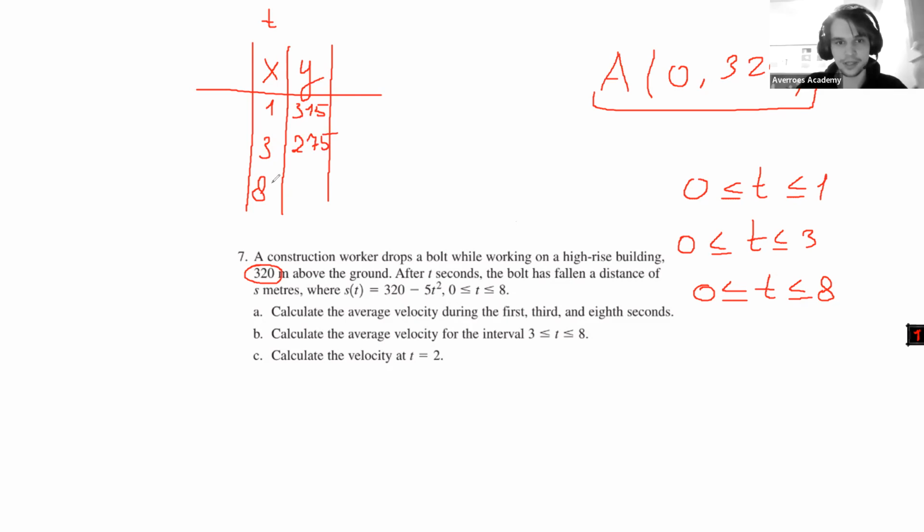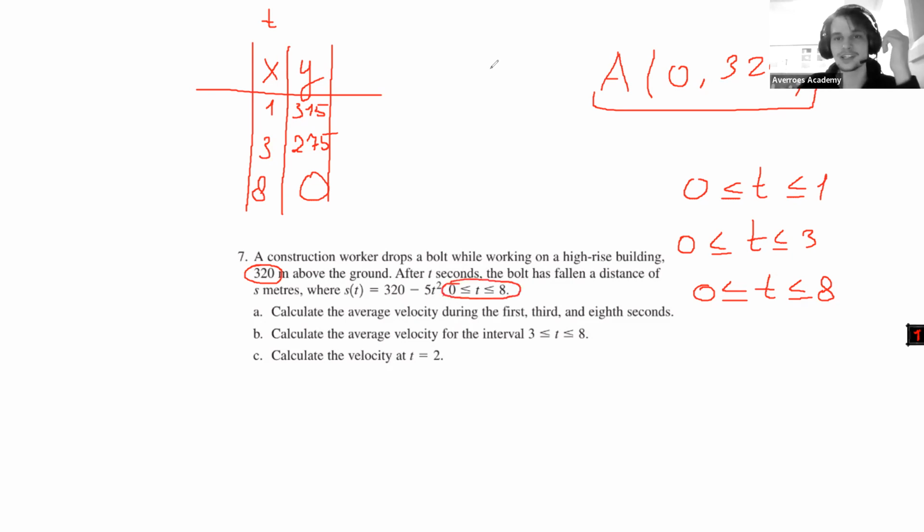And the final one, 8 by 8 is 64, 5 by 64 is 320. So 0. It means after 8 seconds, the bolt drops down.